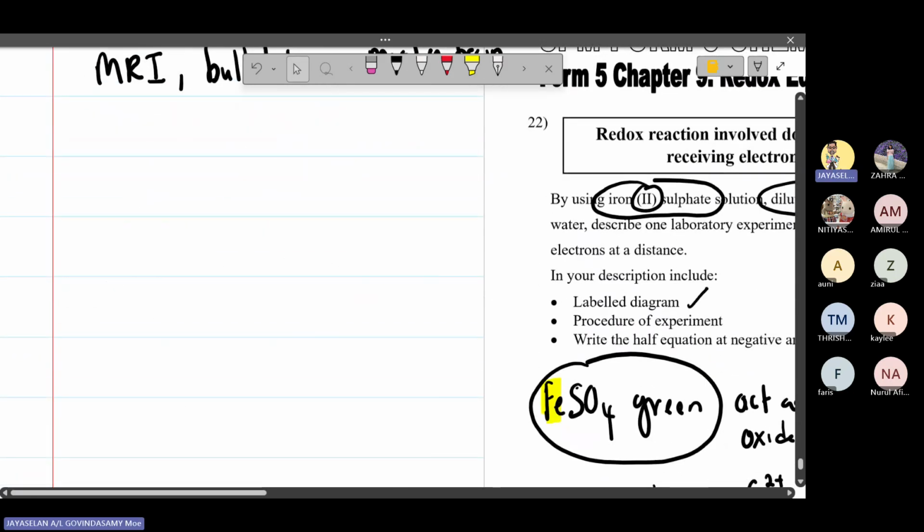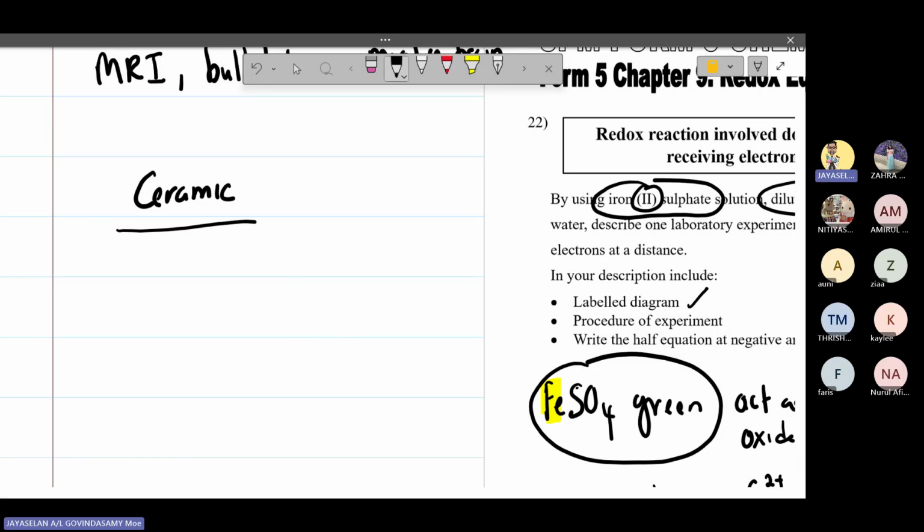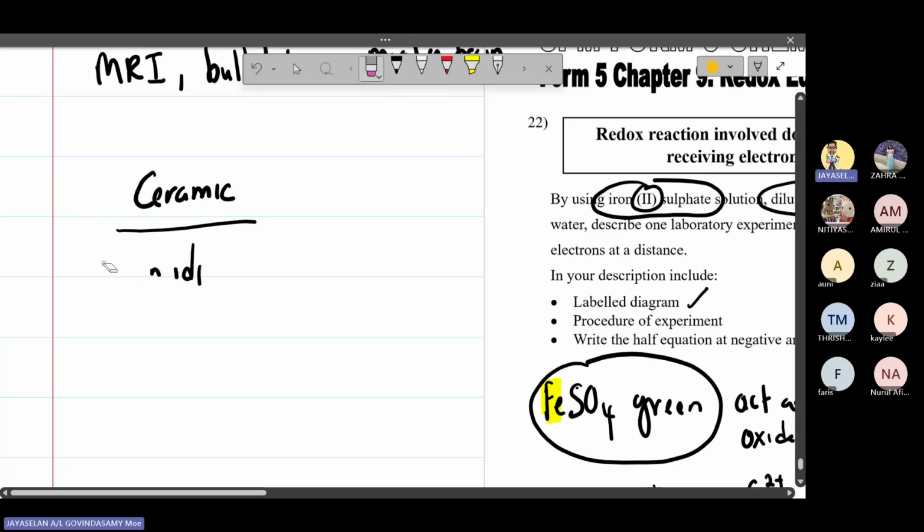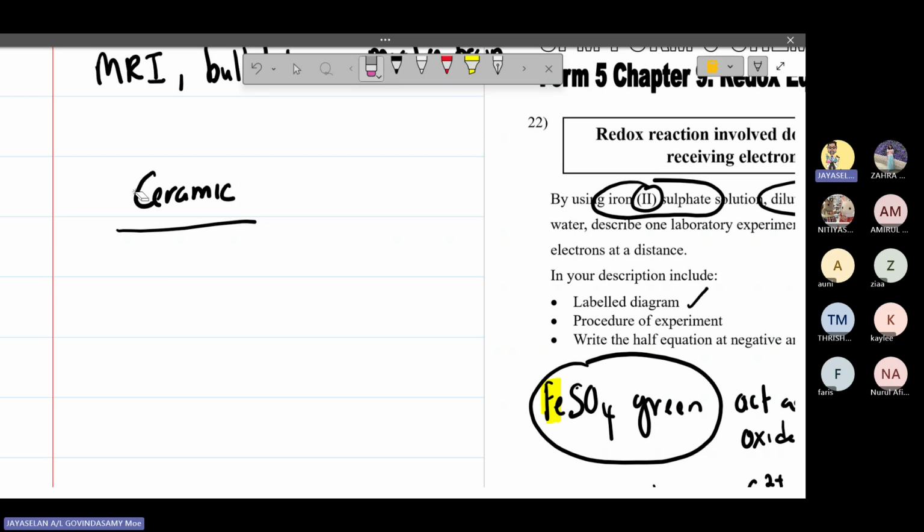Okay, now I go for ceramic. Can I? Very fast. Last part of this chapter. Before we go to ceramic, what is ceramic? Definition kena hafal. Arwin, what is ceramic?